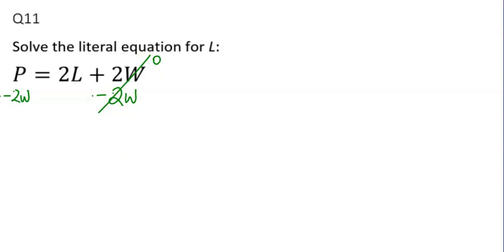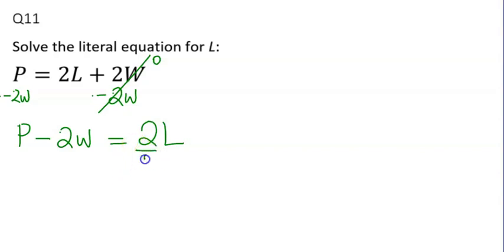Now my left side, I cannot combine those two because they are different variables. I write the p minus 2w, the left side. The right side, now I only have 2l's. Do I want 2l's or just 1l? 1l. So my coefficient cannot be 2, has to be 1. How do I make this into a 1? Divide by 2.